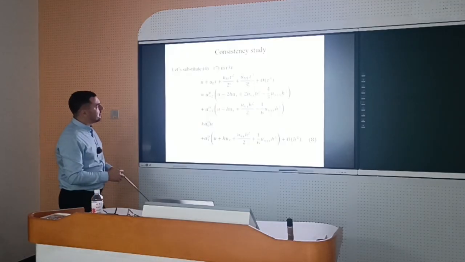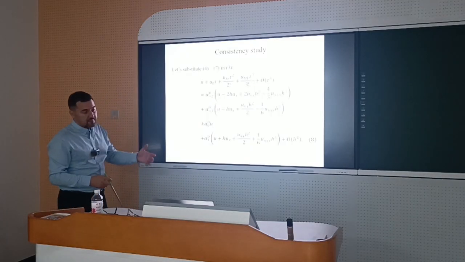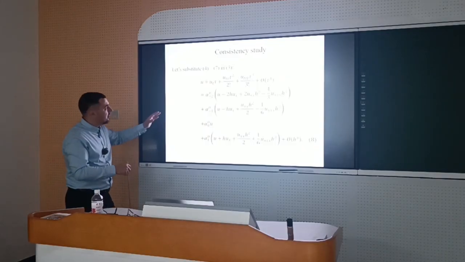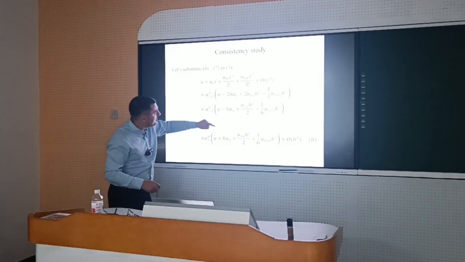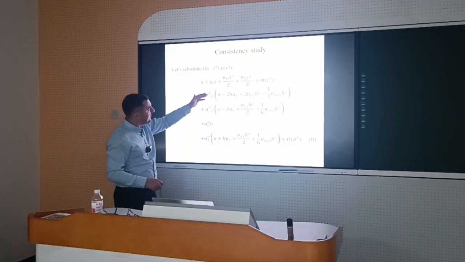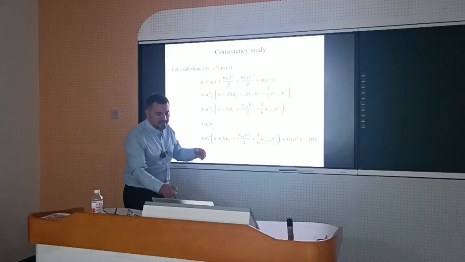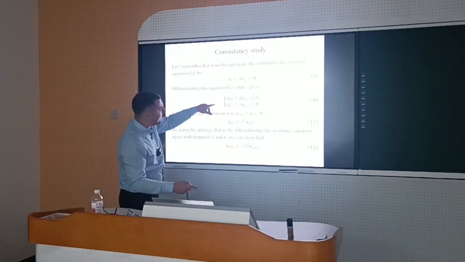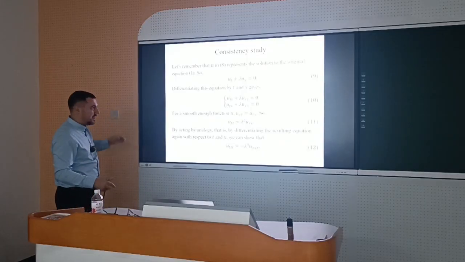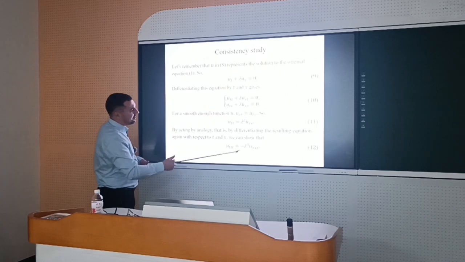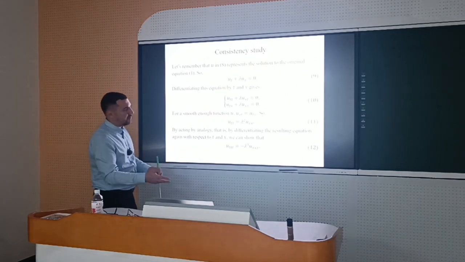And then again, like in the method of undetermined coefficients, this is also the same method. We should consider u to the left side and u to the right side, u_t, and here we have u_x. I have already shown you this slide. Here we should substitute derivatives in time using derivatives in x to have the same terms.